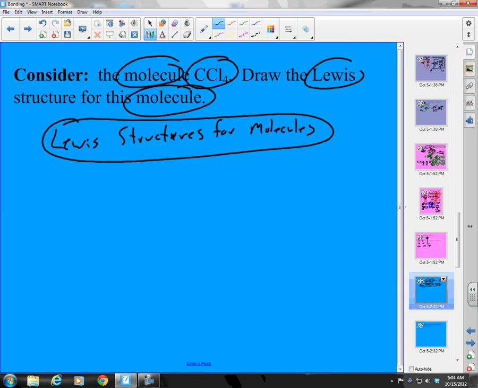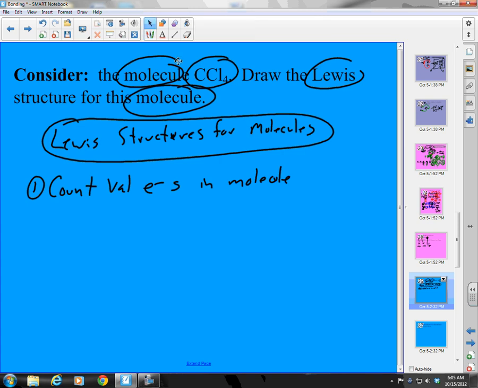It's a diagram where I show my valence electrons. Here's the way we start, and I recommend that you follow this rule and don't guess. Also, I recommend that you use pencil because you're going to have to erase at times. Number 1, count valence electrons in the molecule. How do we do that?